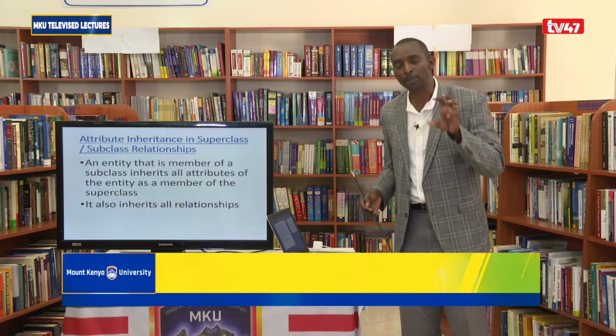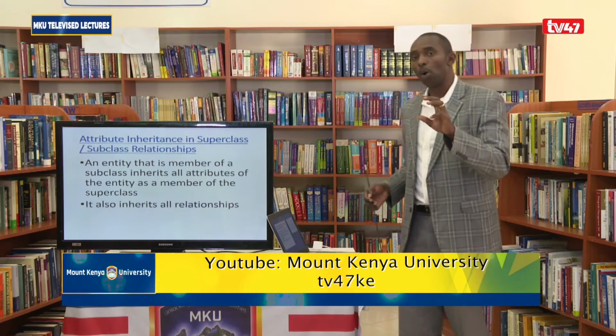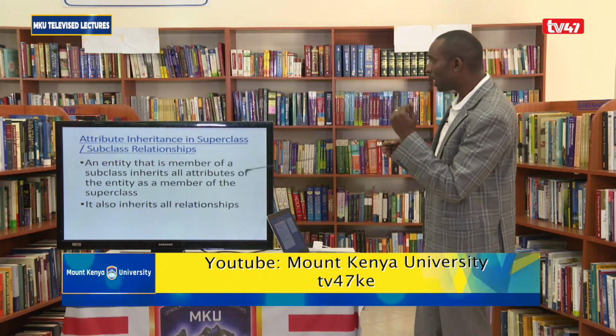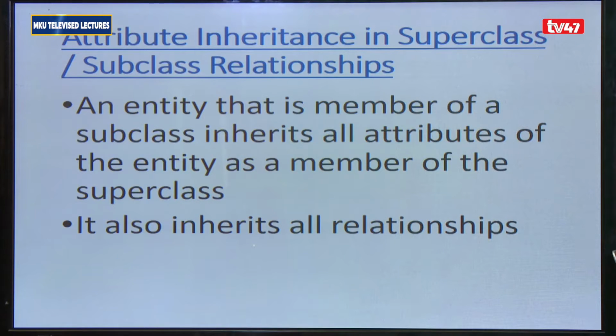Whether this student is full-time or part-time, this student must have those particular attributes. So when you go to the subclass, when you're talking about a part-time student, it must inherit all the attributes of the superclass.